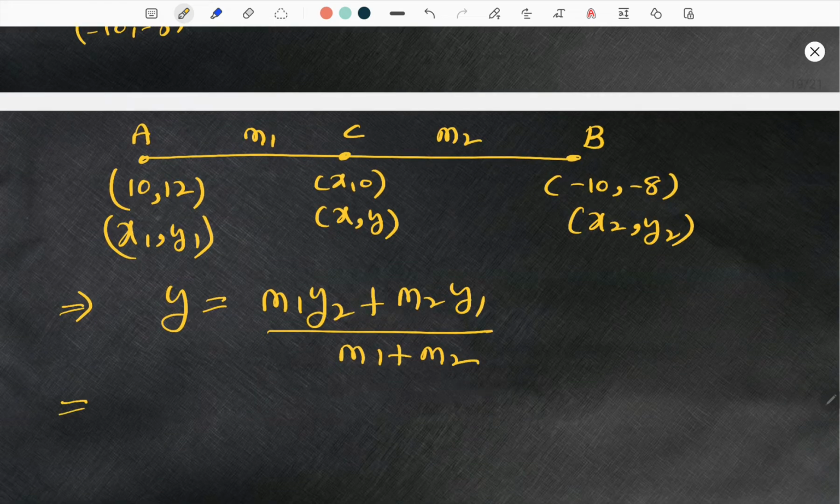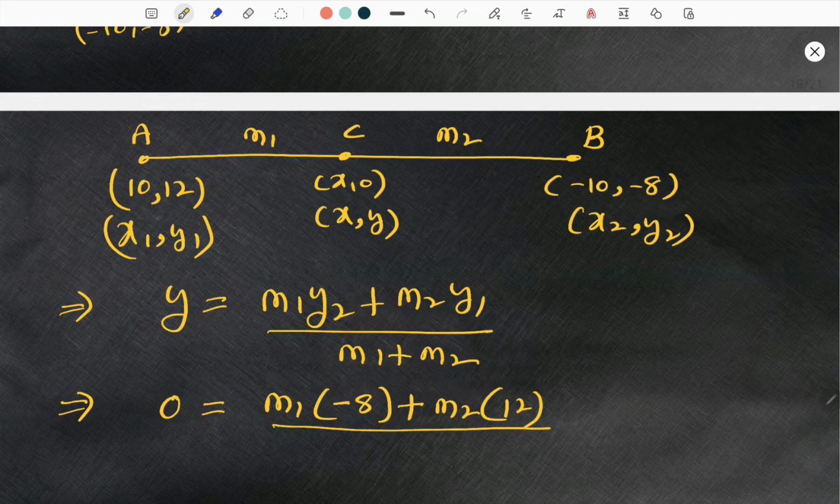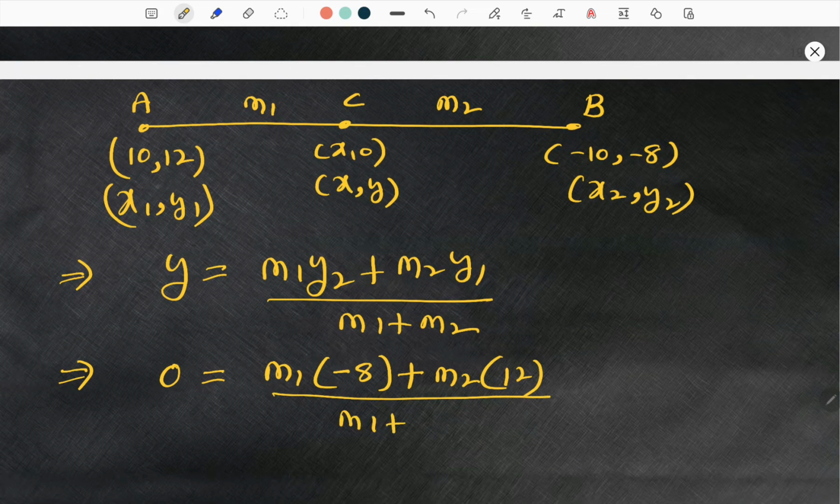So the value of y is 0 and that is equal to m1 into y2, which is minus 8, plus m2 into y1, which is 12, divided by m1 plus m2.